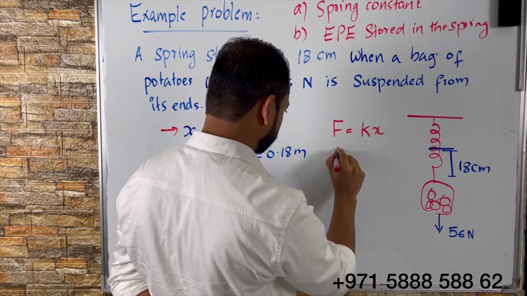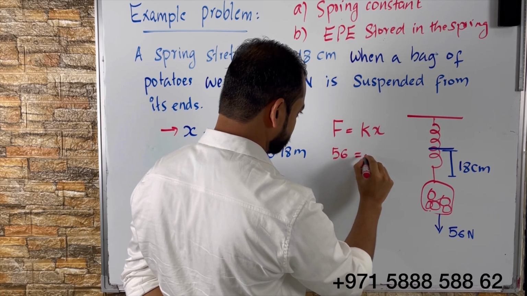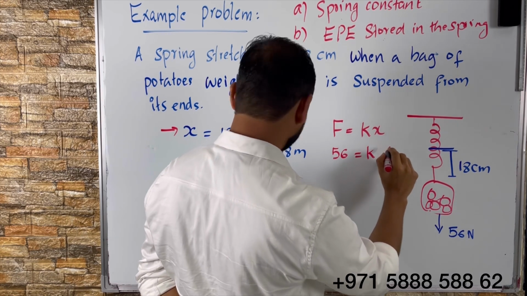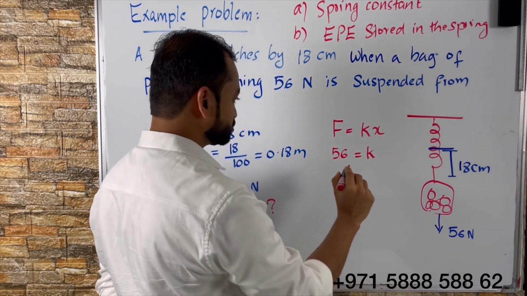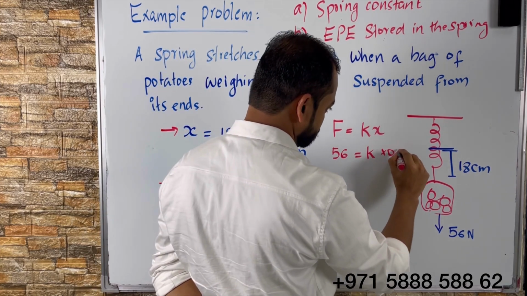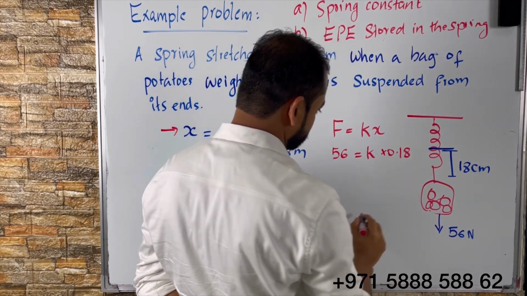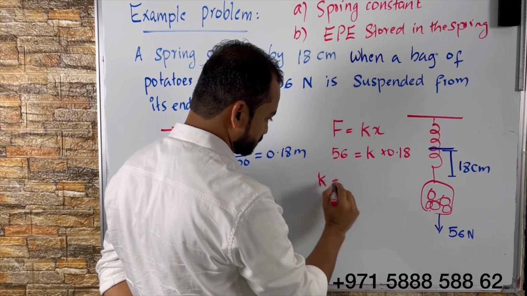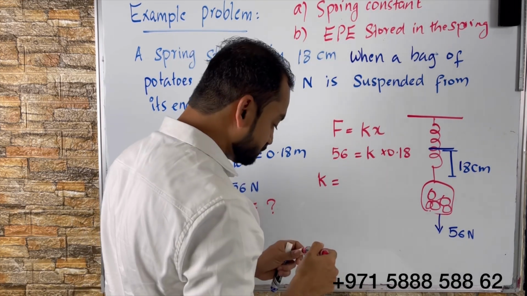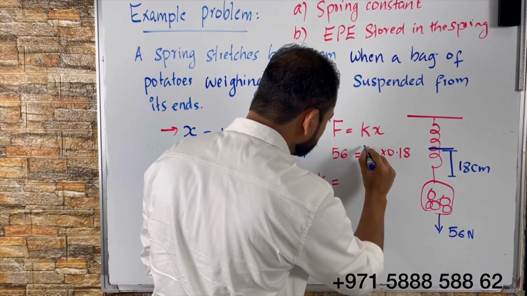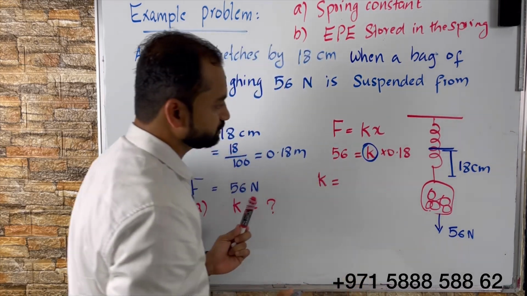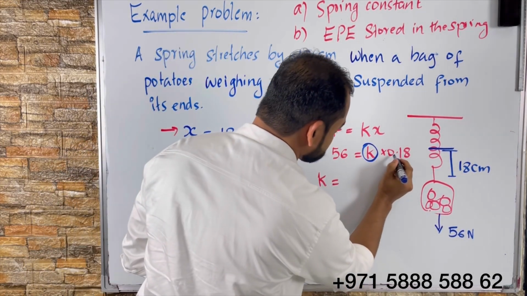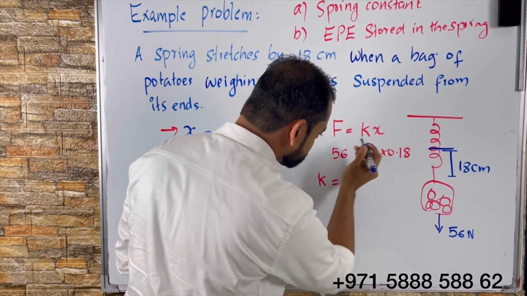F is how much? 56 Newton. And K, we need to calculate. X, the distance, how much? 0.18, right? So I will keep this K here, and this 0.18 has to cross this bridge.